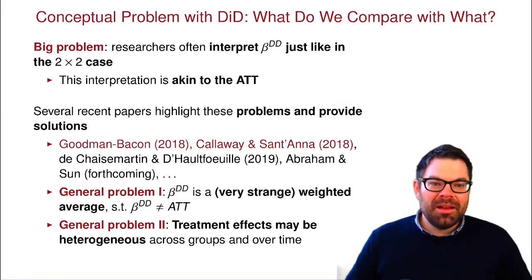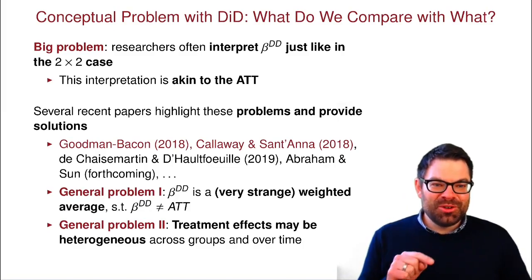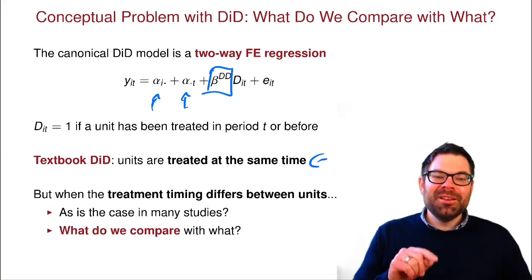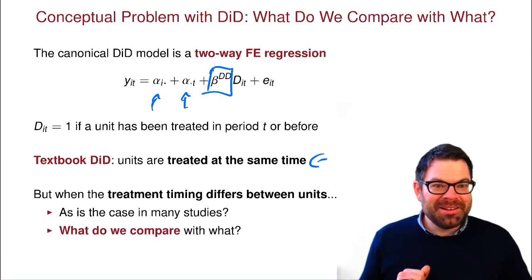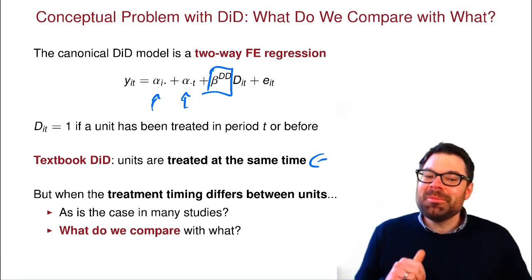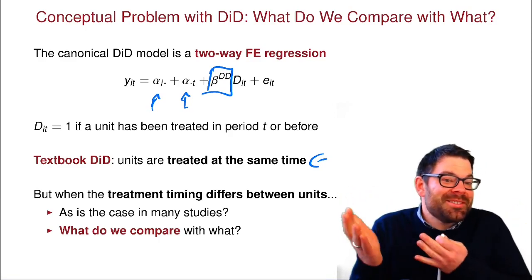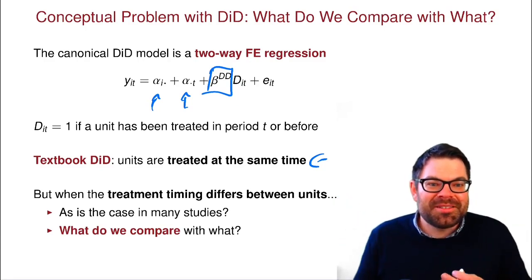But one thing you should not do is interpret any such estimates as the average treatment effect on the treated. Now, if you challenge someone in a seminar and say, well, you're not getting the average treatment effect on the treated, they may say, well, in my literature, there is no such thing as the average treatment effect. And then you ask them, well, what effect do you want? And guess what? It just has a different name.